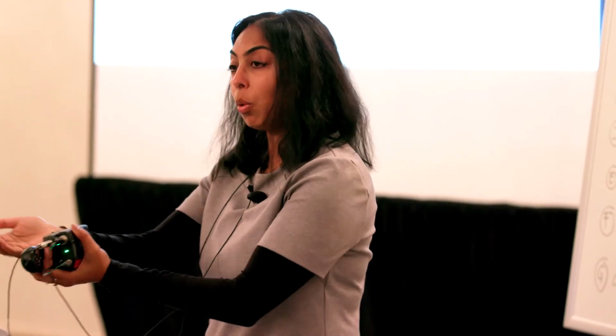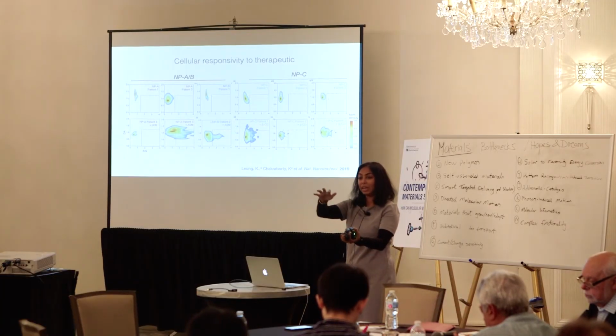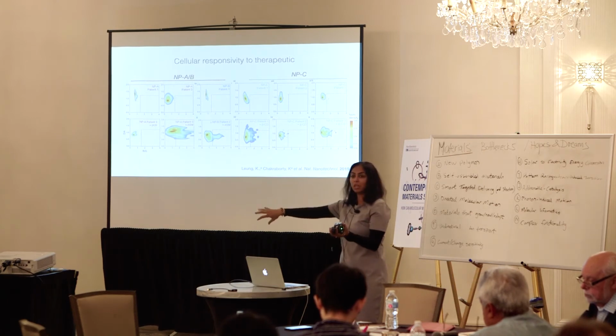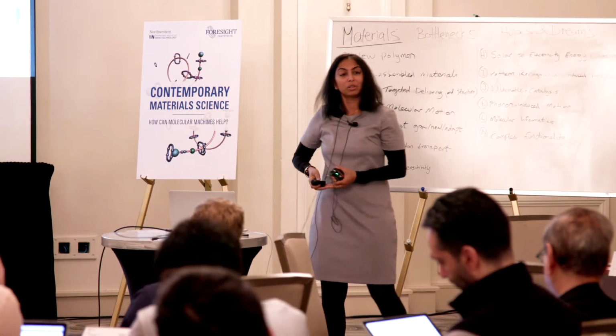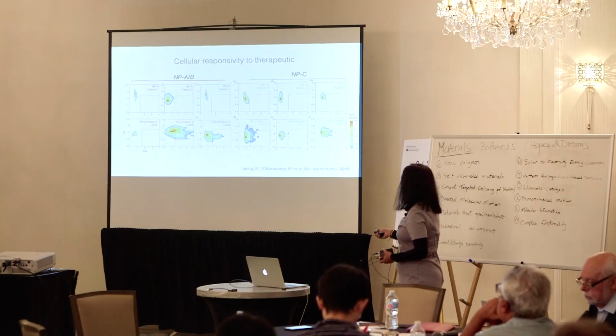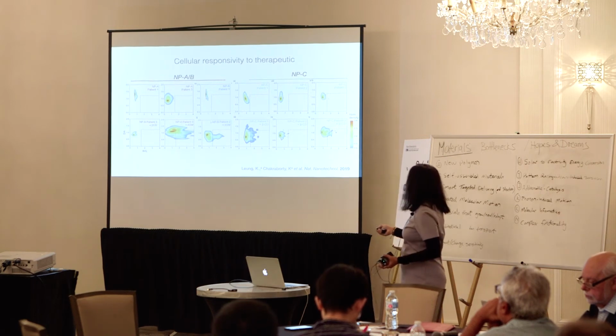This is called enzyme replacement therapy. So literally what they do in a dish to see if therapy is working or not is that they'll take this recombinant protein, they'll add it to the cell, the cell endocytoses this protein, sends it to the lysosome where it does its job, right? So this is the therapeutic. And if you add acid sphingomyelinase to either of these Niemann-Pick patient cells, you recover this high chloride population.